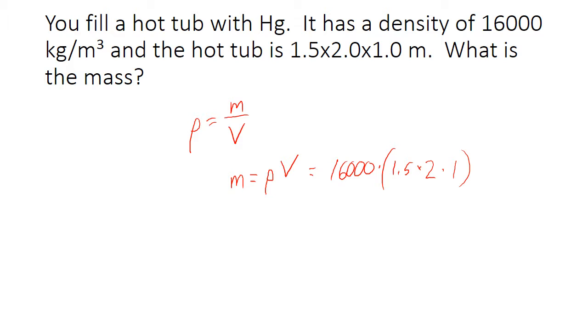And 3 times 16 is going to be 48 with 3 zeros at the end. All right, and we know the units for that. The units for that are going to be in kilograms because that's the units that we have for mass. All right, so that's it, and then you're done.